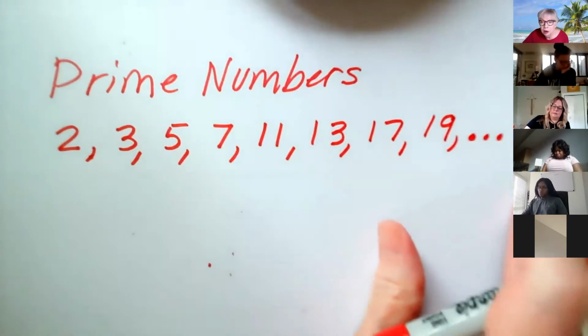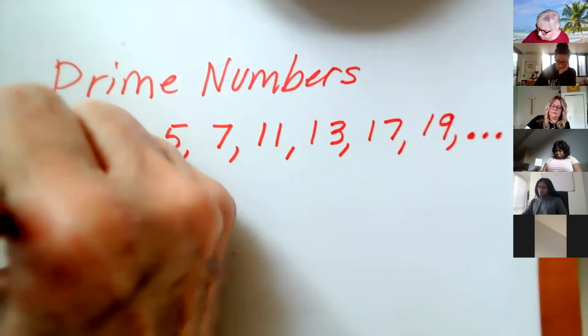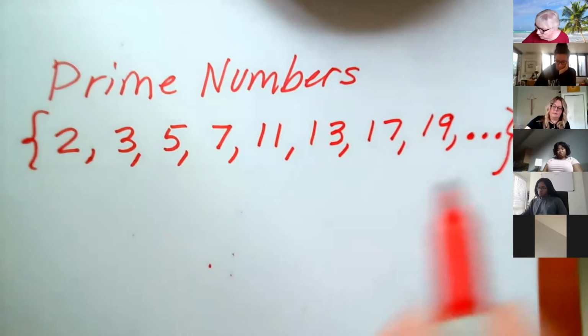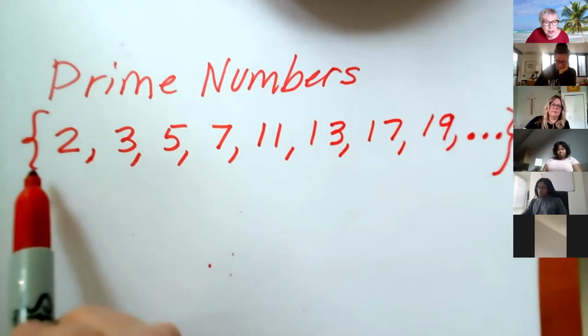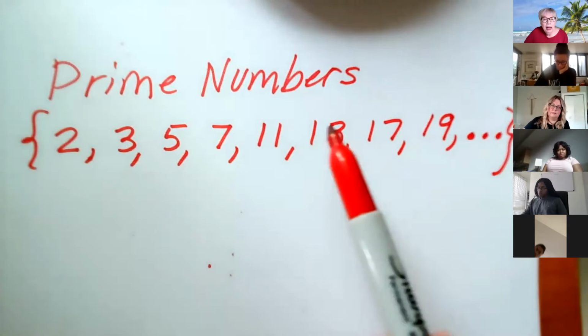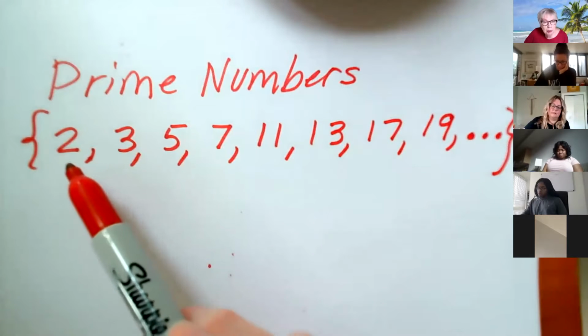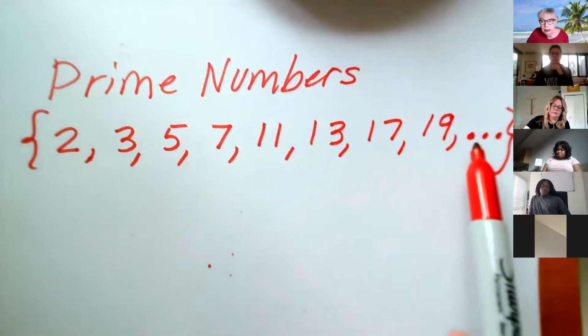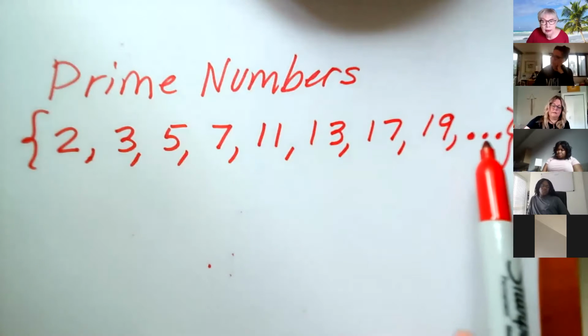They continue, they keep going. This notation is a way of saying this is a group of numbers, and these are the prime numbers. The lowest is 2, and it does keep on going.